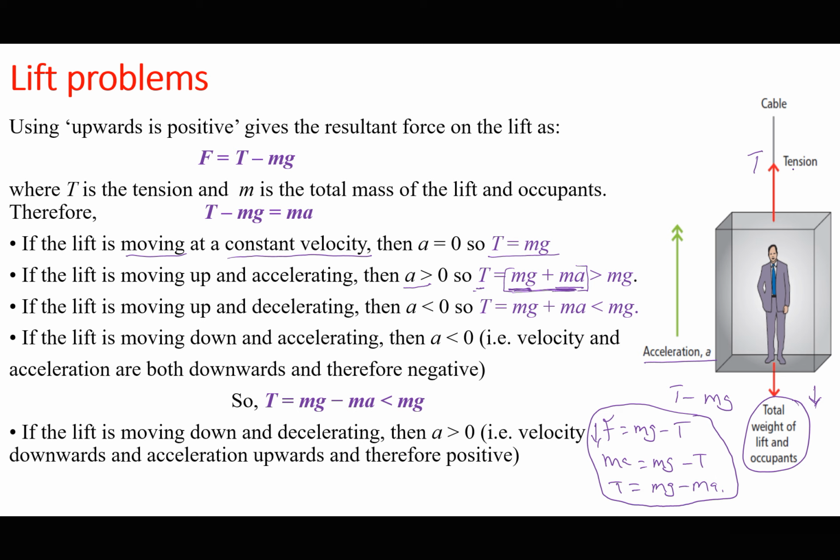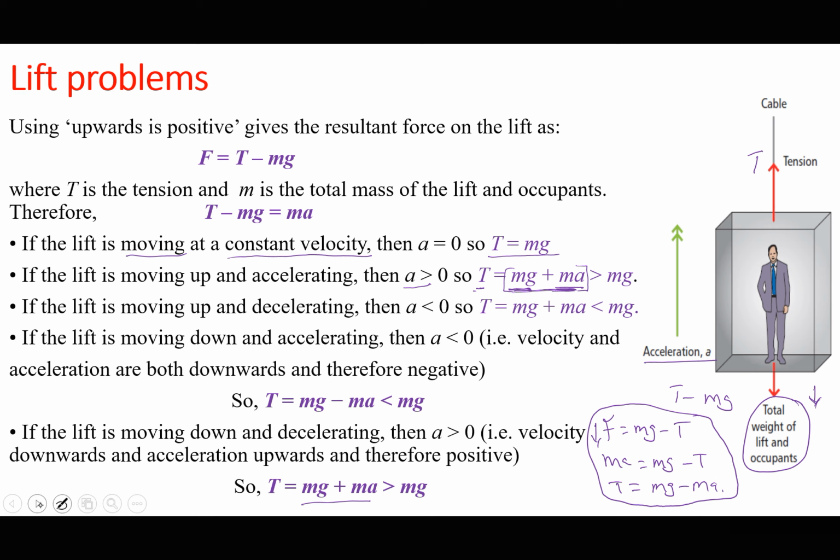So it still means T is greater than the weight. That's why it is slowing down while moving down. So in that case, tension is going to be mg plus ma, so T is greater than the weight. So you need to understand these ideas about the lift problems.